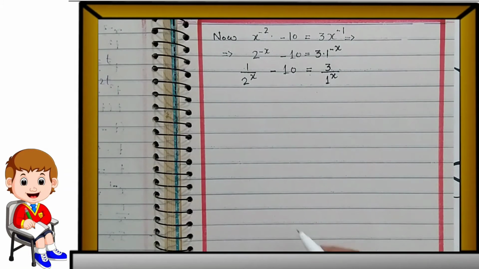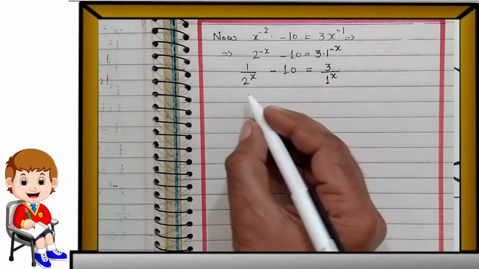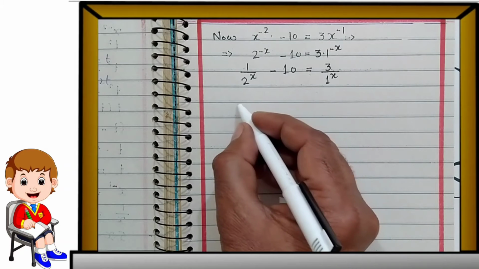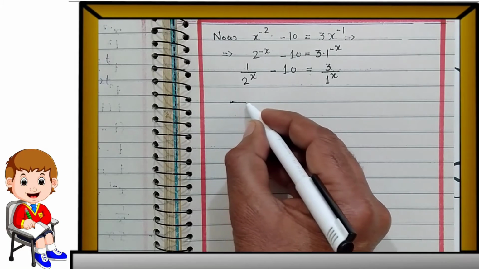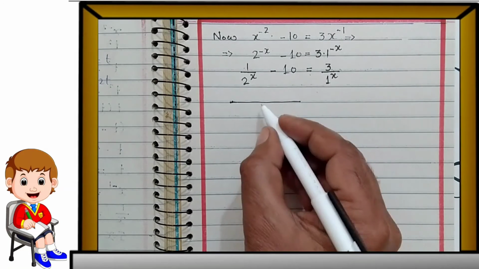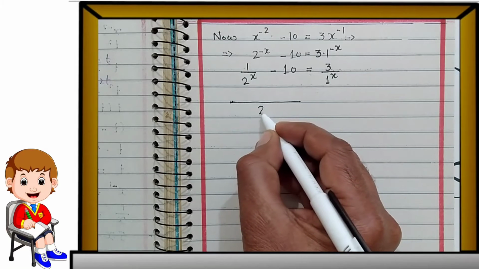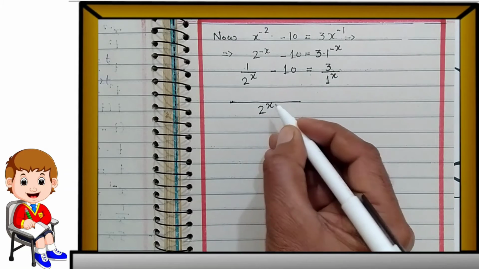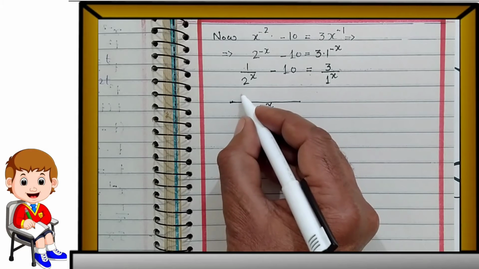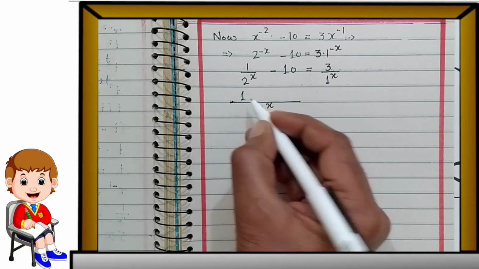Now on the left side we take the LCM, that is 2 raised to x.